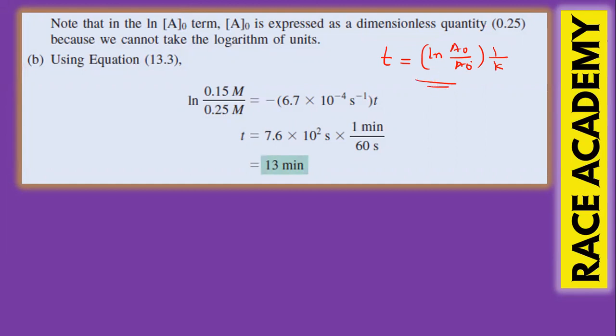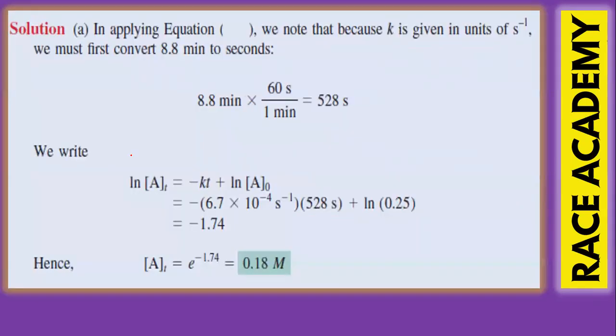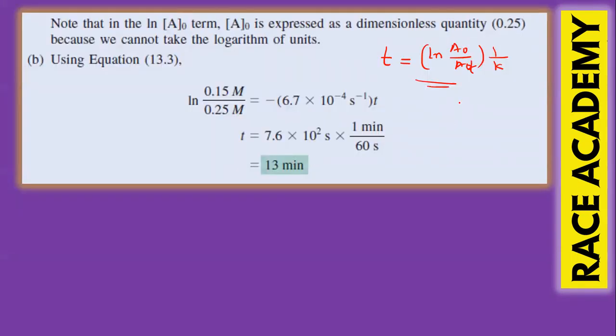The actual expression is ln AT is equal to minus KT plus ln A naught. This is our expression, and this one we have obtained.